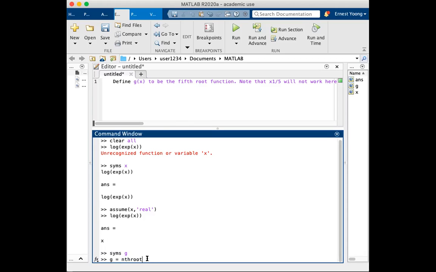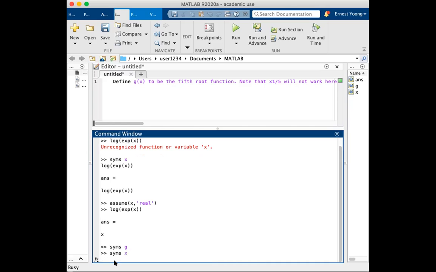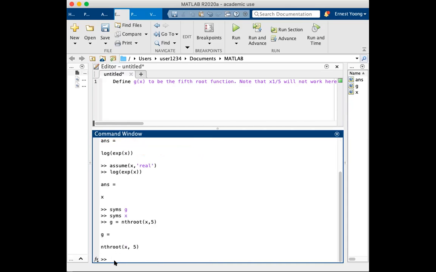Then I put in my g as a function of x. Before that, I need to define my x first. So g is equal to the nth root of x, with 1 over 5 for the fifth root. It will be in terms of just this, because I don't have any input for my x.